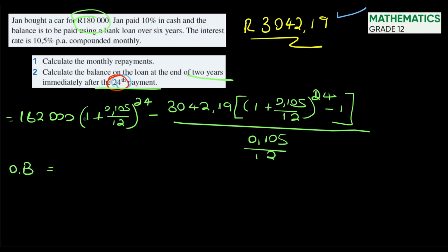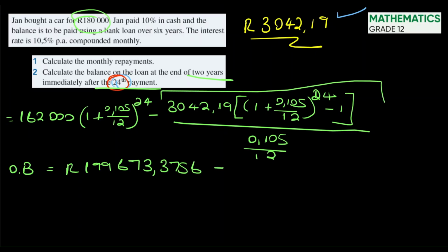If you substitute this into the calculator, I'm getting 199,600.73,3756. Substituting the other part into the calculator, I'm getting 80,853.30977.